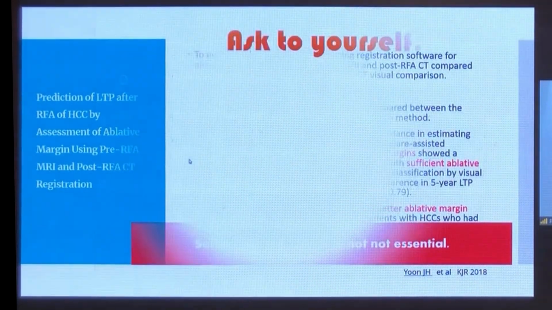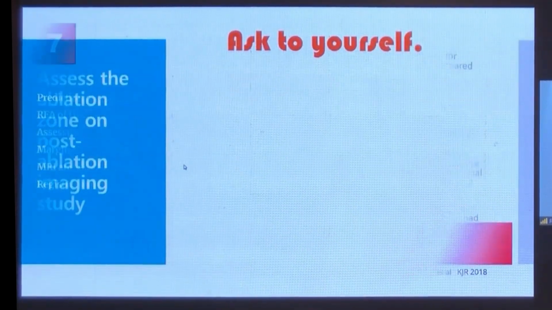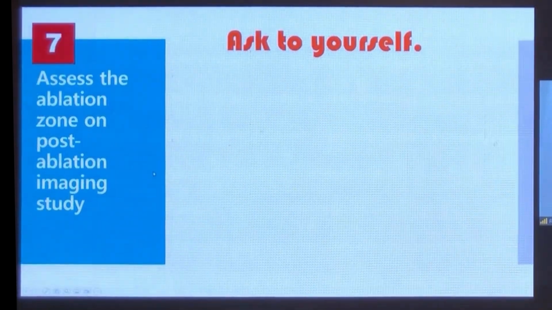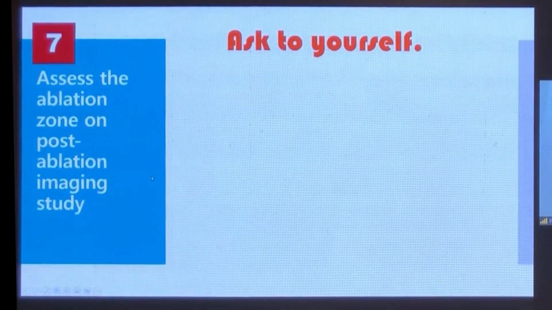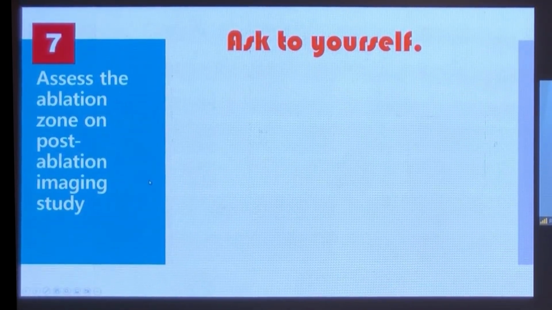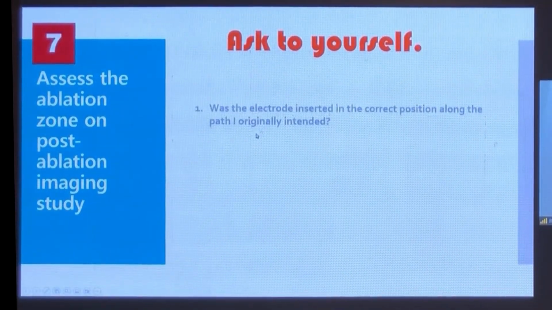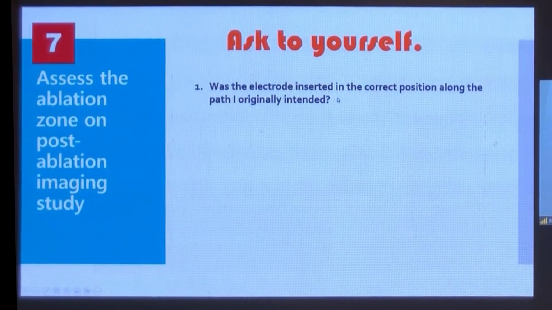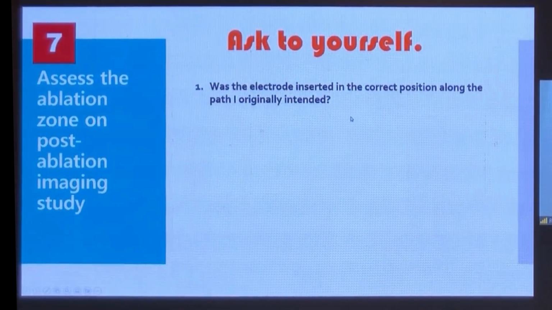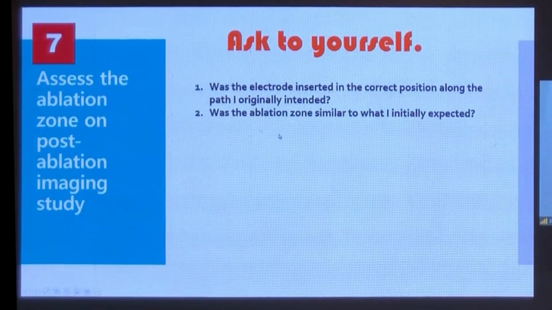After the ablation and after getting the post-ablation CT, I kindly recommend that you ask 7 questions to yourself. First, was the electrode inserted in the correct position along the path I originally intended? Second, was the ablation zone similar to what I initially expected?